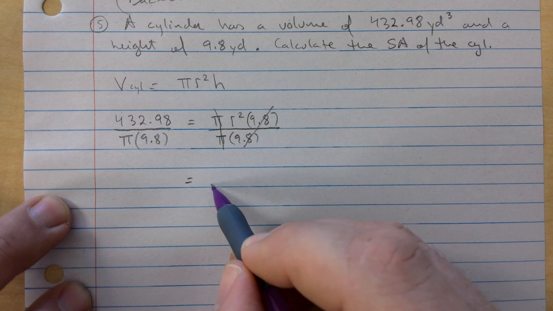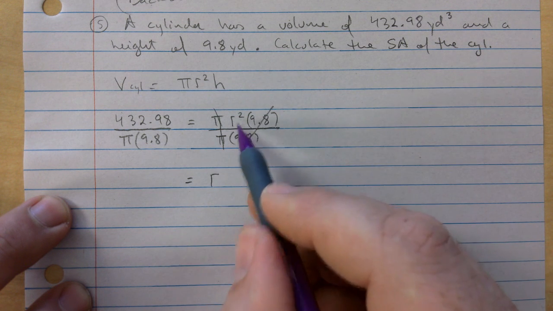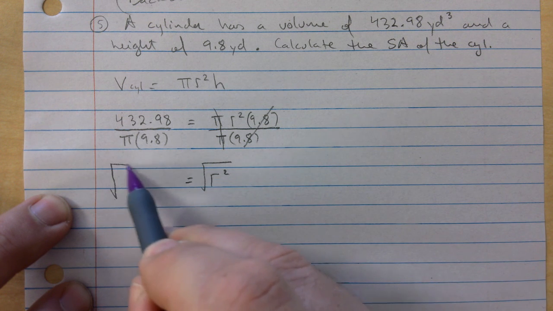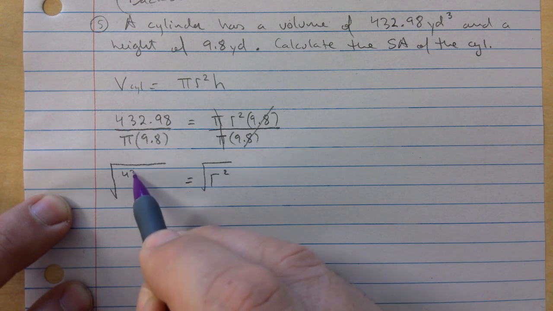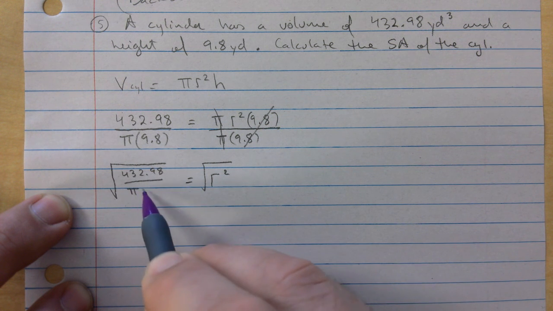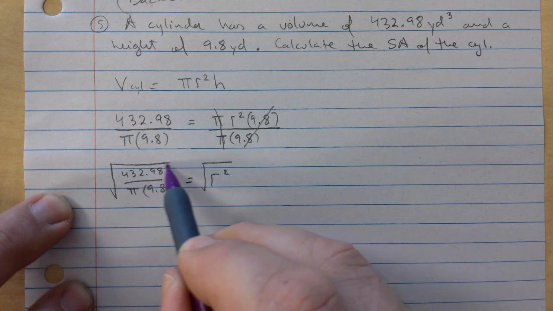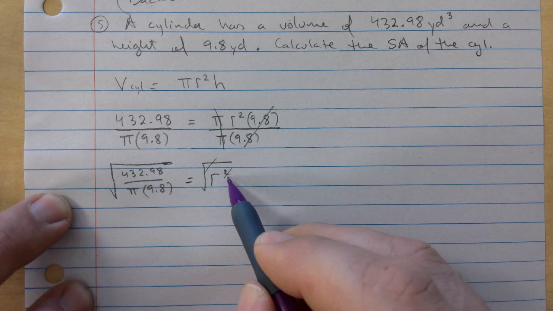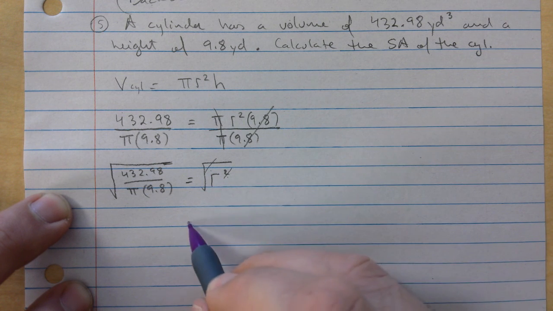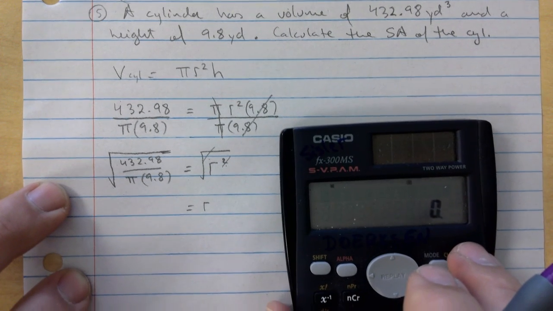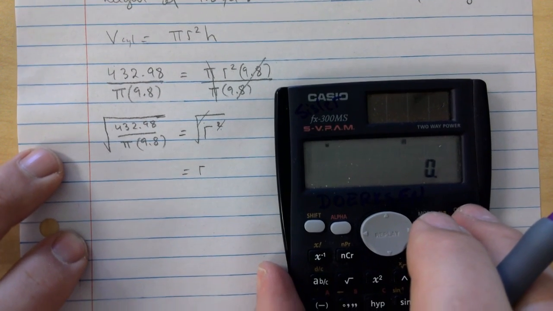There's an r squared here, so we're going to take the square root of it, and we're going to take the square root of what we got on this side. I know it looks messy, but it's actually easier to type into your calculator if you keep it the way it is. So this allows you to cancel out the square with the root, and I will show you how I type this into my calculator.